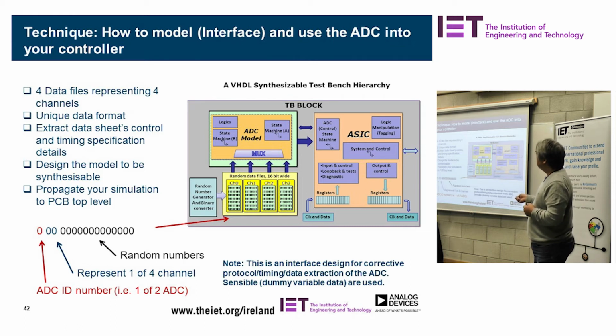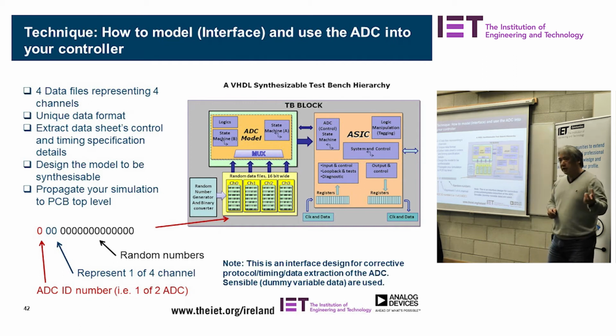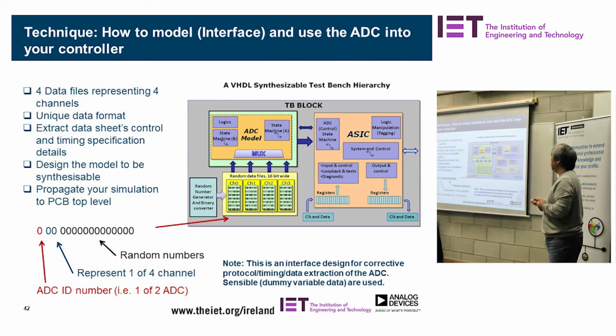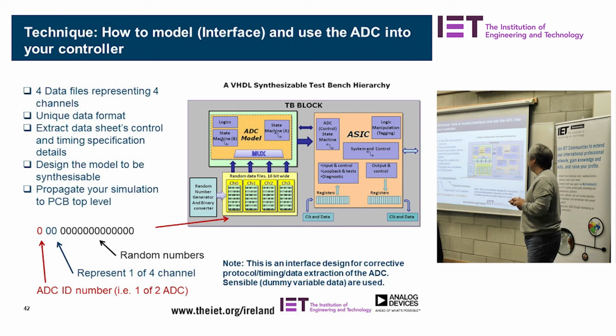So what I did was I looked at the data sheet, I looked at the timing. From extracting the timings, I managed to work out the state machine I need to interact with it. I did some modeling, and did something unique with 4 different channels.